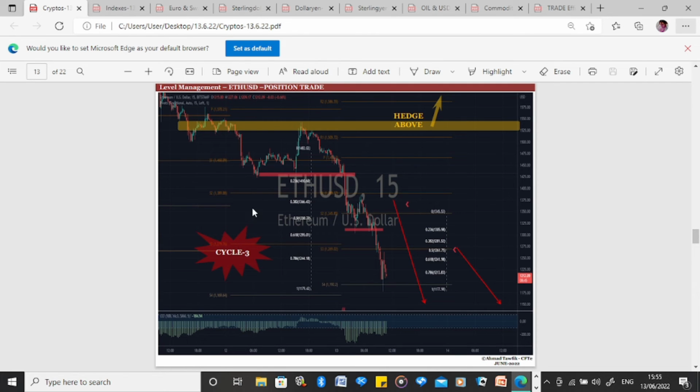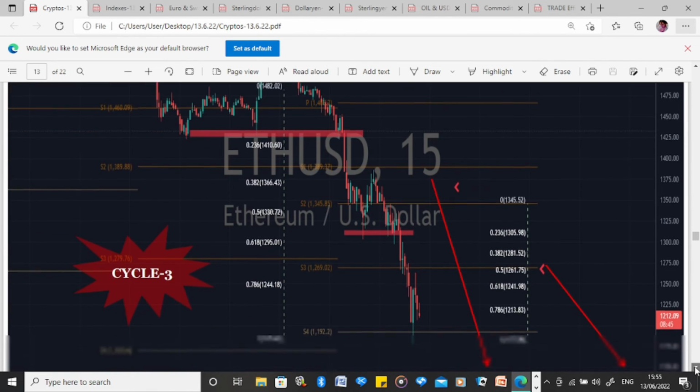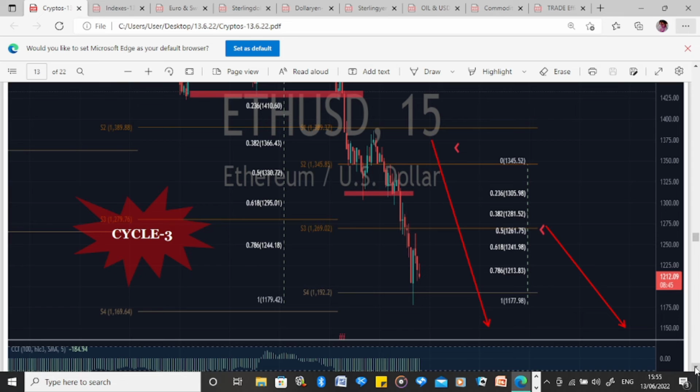We do an internal segregation now on the 15-minute chart. This is of course cycle 3. So just like with Bitcoin, you cannot get any entries except on the last growth portion on the 15-minute chart, the last growth cycle or wave on the 15-minute chart.